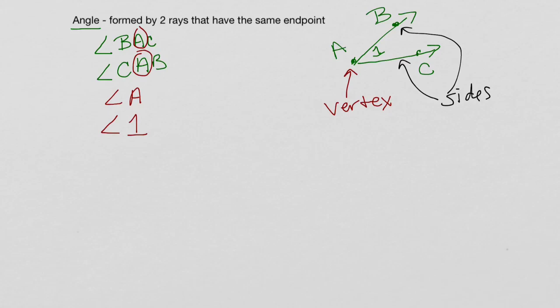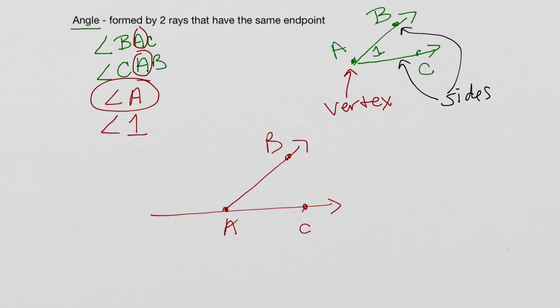Now sometimes if you have a more complicated picture, you can't use this method of naming with just the 1 letter. For instance, let's say I gave you this picture, and here is my angle BAC, and then here's another point D. If I start to refer to angle A, it might be confusing.